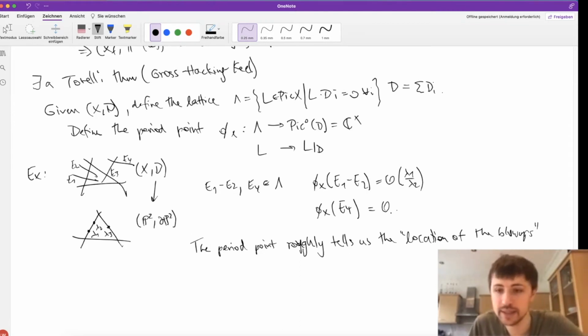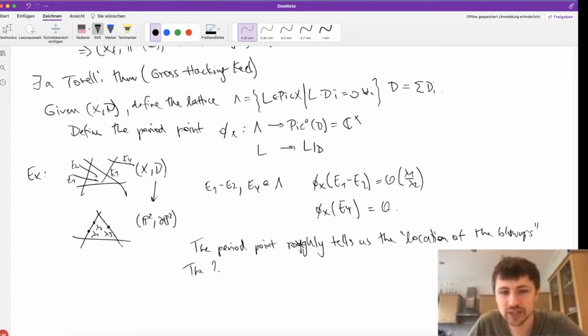And the other thing is, the reason this element is in the kernel here is because we made a non-generic choice of blow-ups. Because generically, we would have blown up 2 different points along the divisor. But we did something non-generic. We blew up twice at the same point. And this created an element in the kernel of the period map.